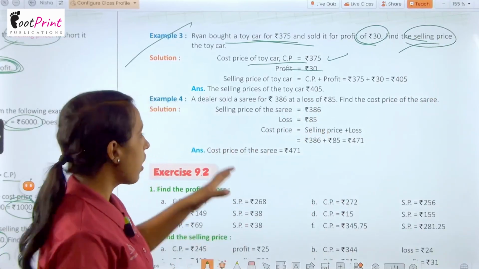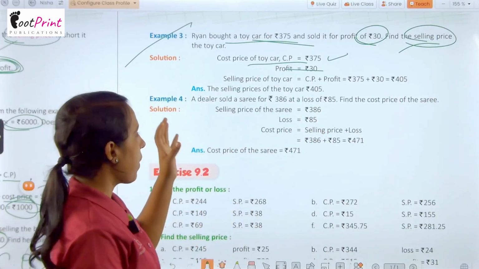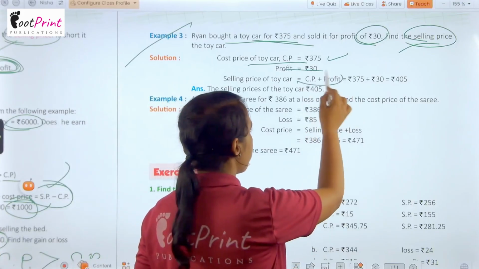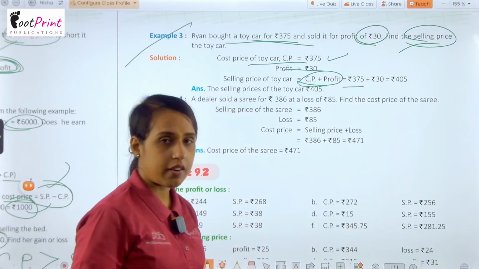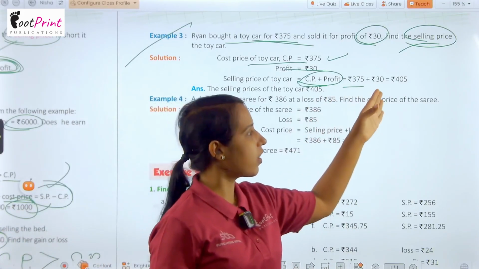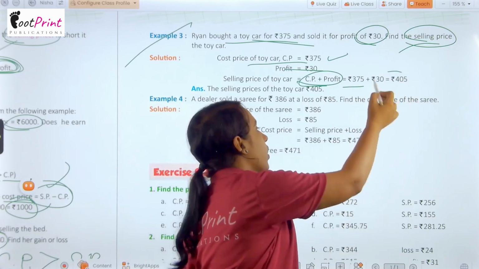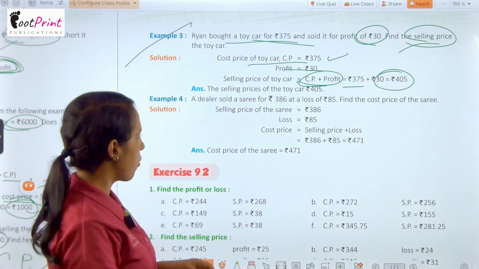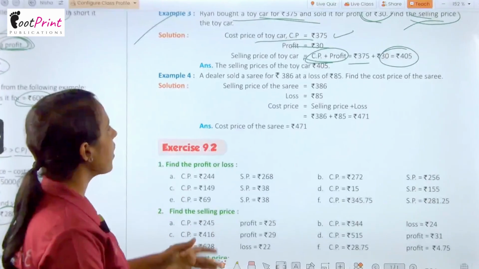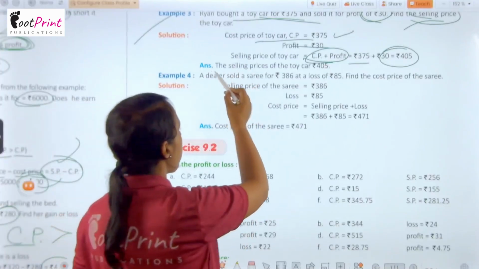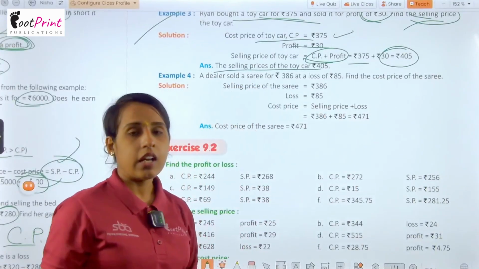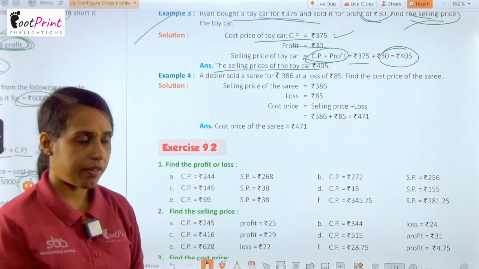And we know that SP equals to CP plus profit, and CP is given here 375 rupees and profit is 30 rupees. And after adding that, we get here 405 rupees. So here we can write as answer, the selling price of the toy car is 405 rupees.